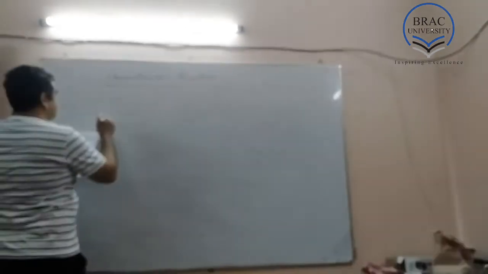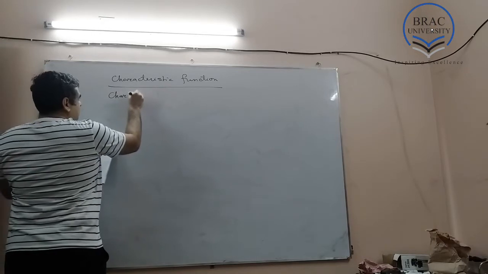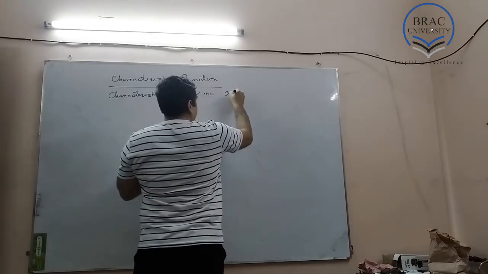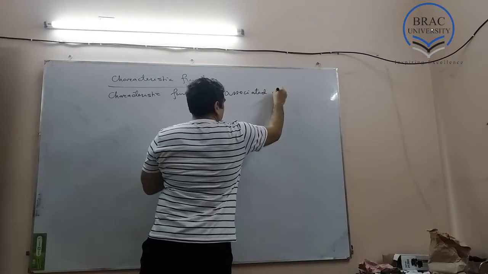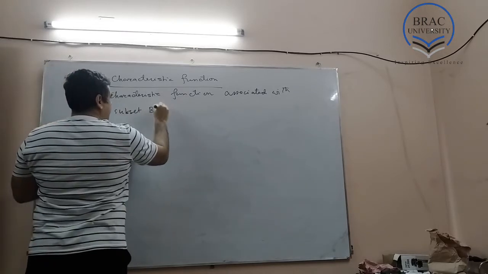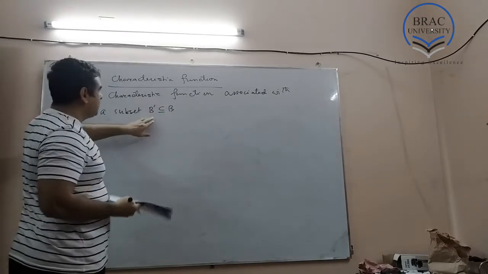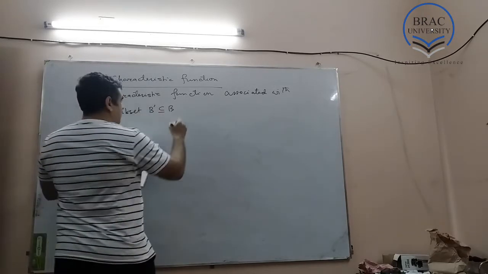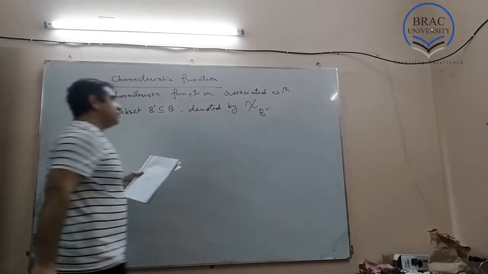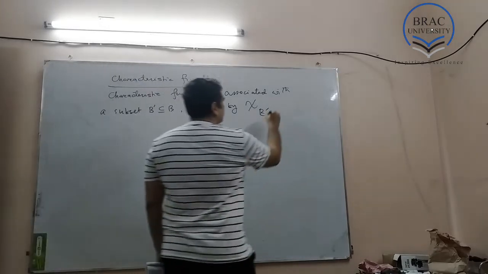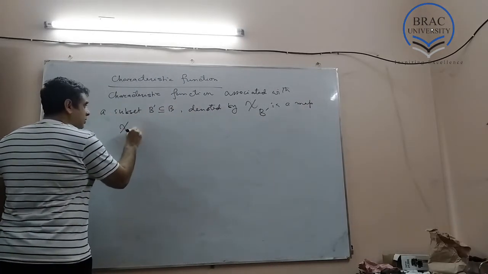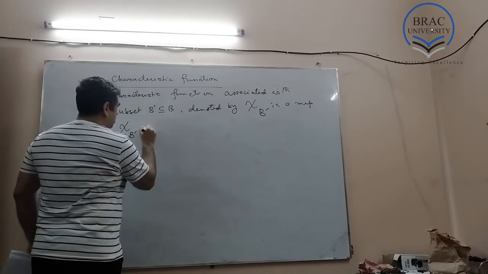Okay. Characteristic function associated with the subset B prime of B, that is B prime being an element of the power set of B, denoted by chi of B prime, is a map chi sub B prime from B to omega.